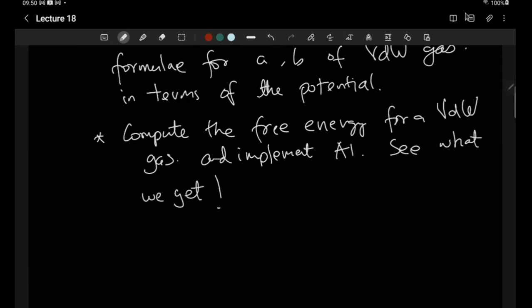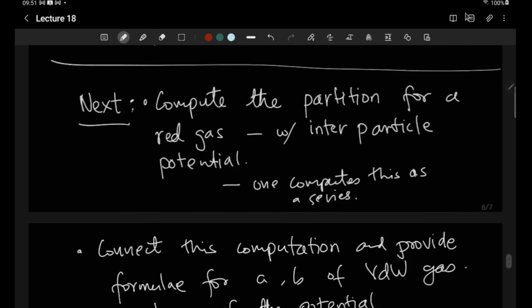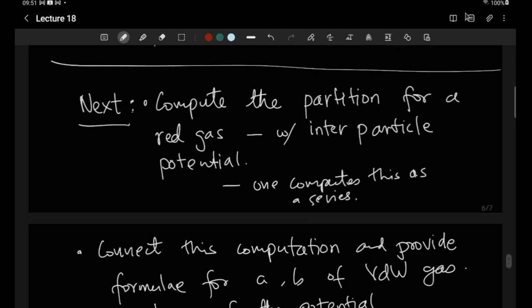And the last part is to obtain critical exponents near the critical point. So this will take around 2 to 3 lectures, not a lot. Is this clear what we are going to do in dual gases?